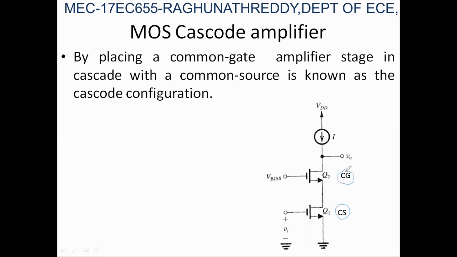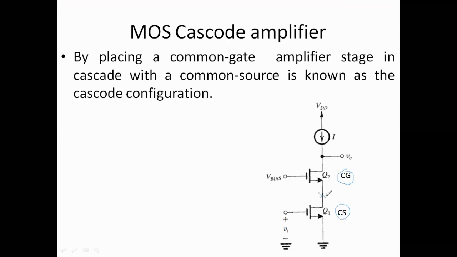Why it acts as common gate: whatever the input voltage VI is applied to the gate of Q1, it is converted into current and produces a current gm into VI. This current acts as input to Q2 at the source terminal, the gate is signal grounded, and the output is taken at the drain terminal.